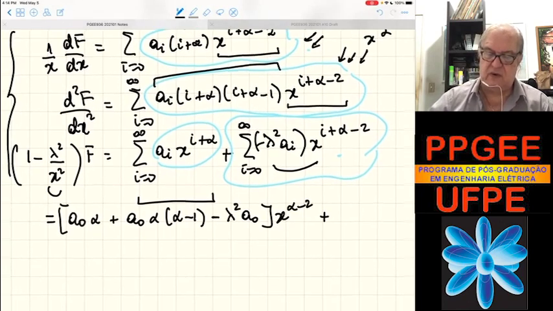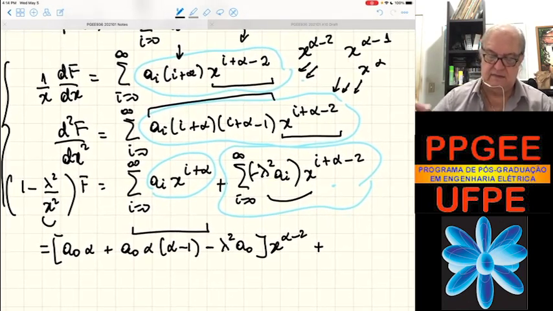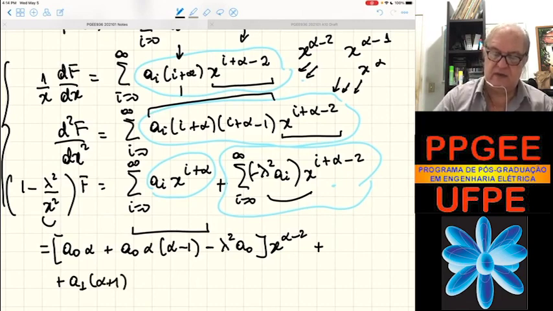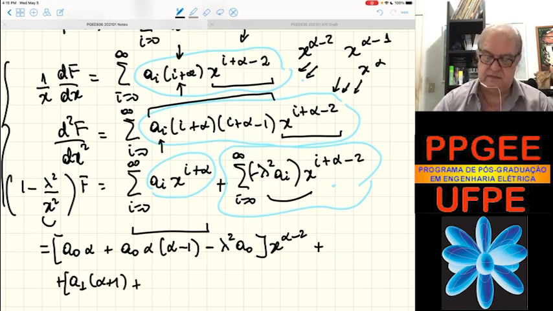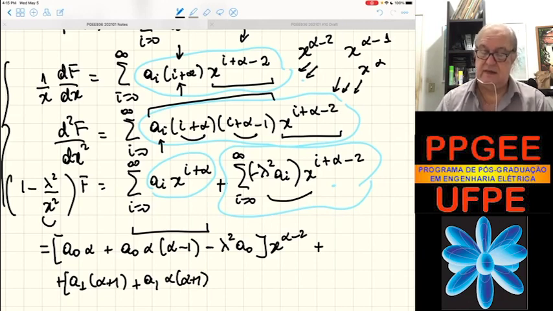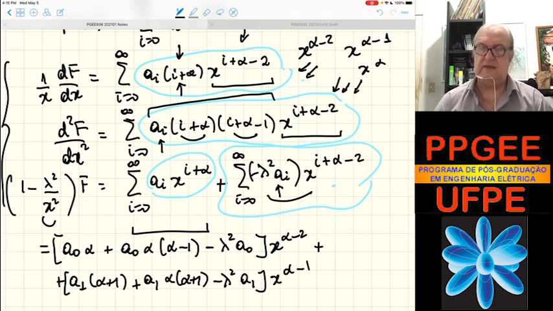Then the next term, i equals 1: A1 (alpha plus 1) comes from this one, plus A1 (alpha plus 1) alpha, then another term here, minus lambda squared A1. Then we're going to have a power of x to alpha minus 1.